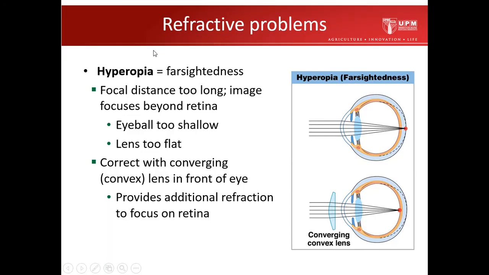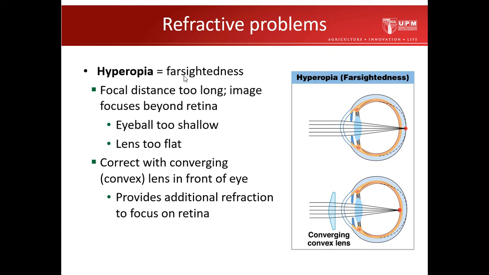The second one is hyperopia. Farsightedness is a common vision condition in which you can see a distant object clearly, but objects near you may be blurry. It occurs when your eyeball is shorter than normal or your cornea is curved too little.